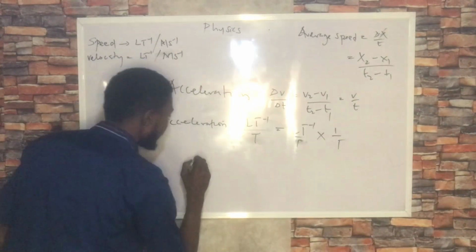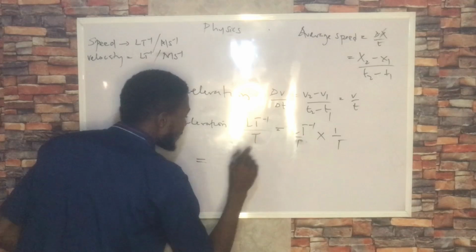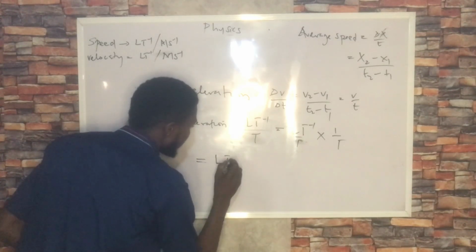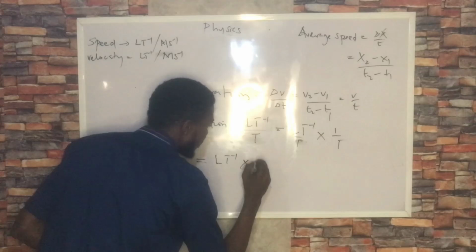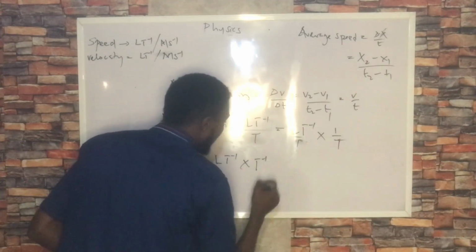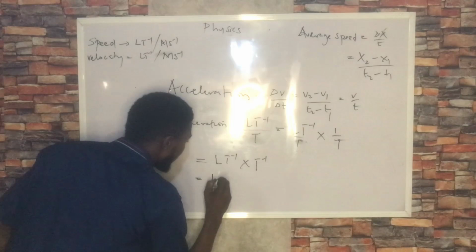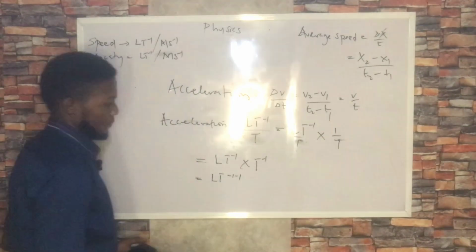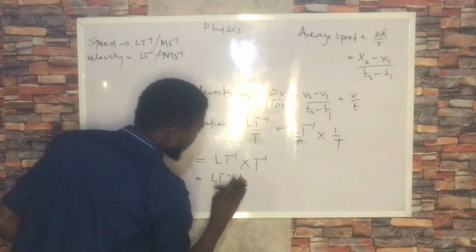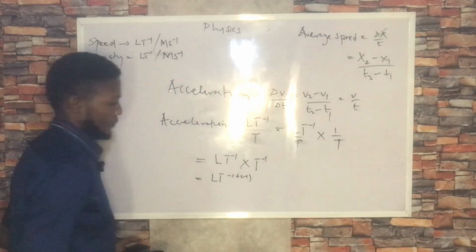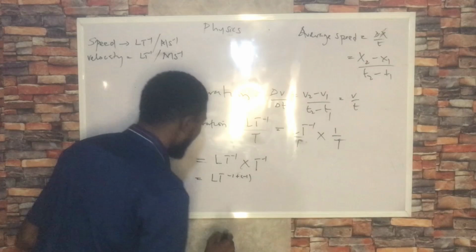Following the law of indices, you now have LT minus 1 times t. If this t is coming up, it will carry minus 1. You have LT minus 1 minus 1, or simply minus 1 plus minus 1.